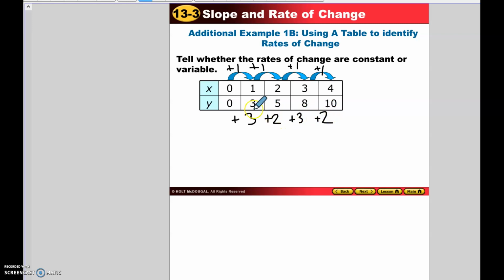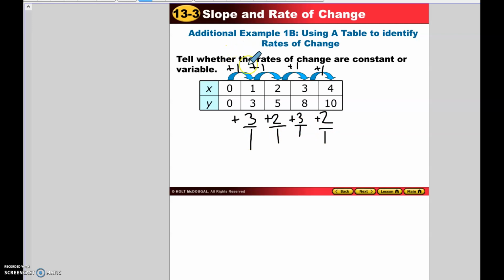Okay, now I'm going to do the change in y over the change in x, and these are all ones. So it'll be 3 divided by 1, 2 divided by 1, 3 divided by 1, 2 divided by 1.